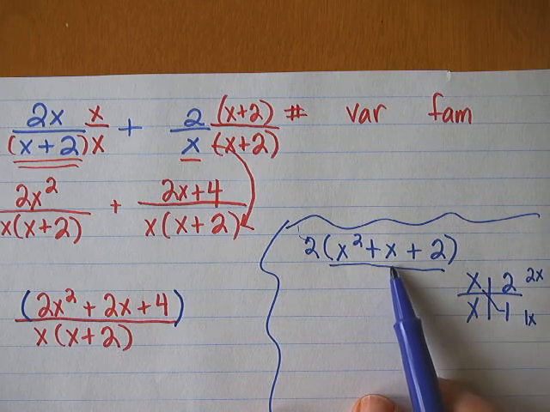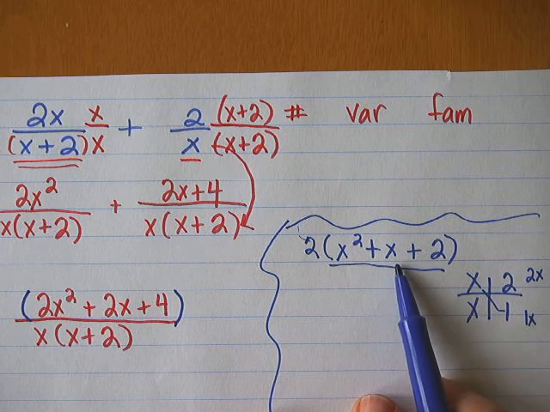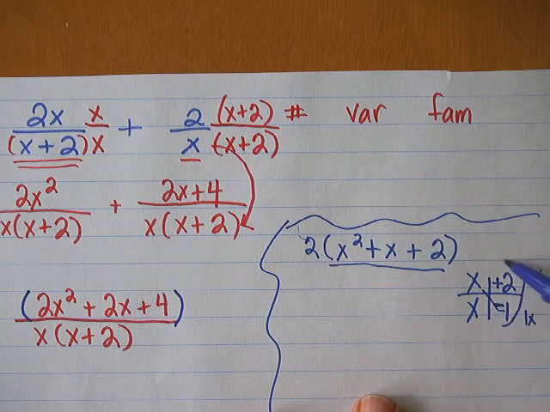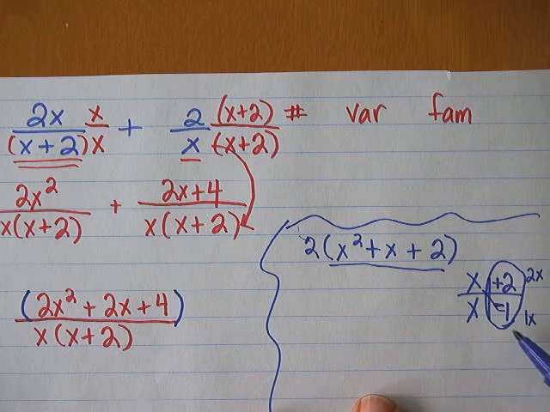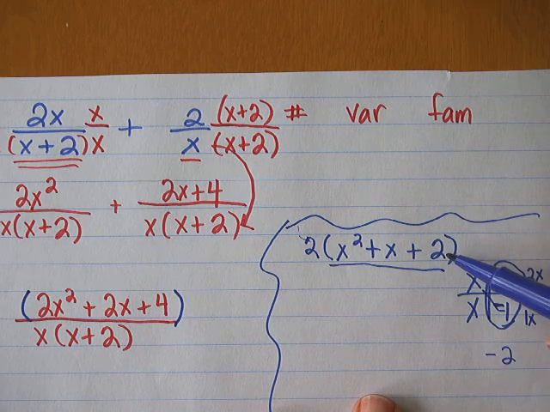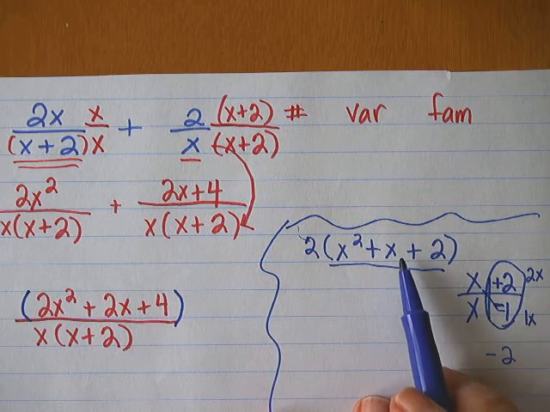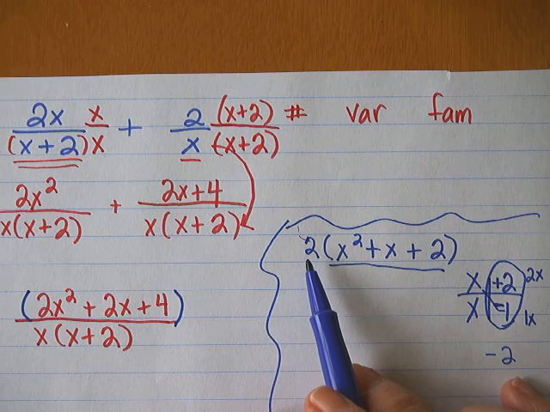The only way I could get a positive 1 right here is if this was a plus and this was a minus. But do you see that's not going to work because these two together, if I multiply them, would give me a negative 2, not a positive 2. So this numerator really does not factor, except we could potentially take the 2 out.